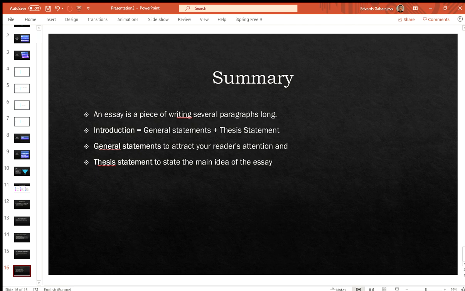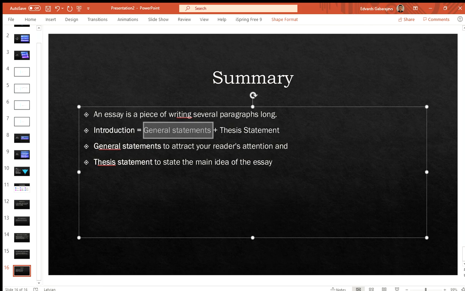An essay is a piece of writing several paragraphs long. An introduction is general statements plus a thesis statement, and you can think of it as you would think about a topic sentence. General statements attract your reader's attention, and a thesis statement states the main idea of the essay. These are the main functions of these 2 components of an introduction.